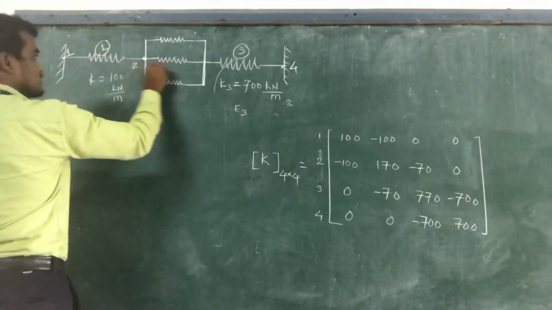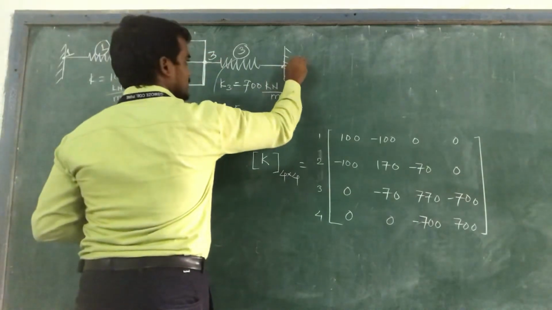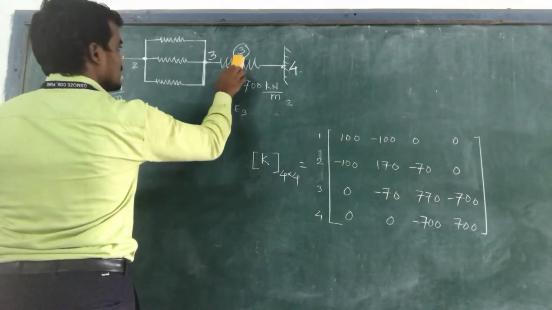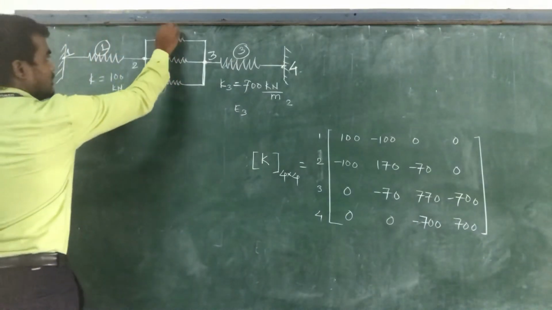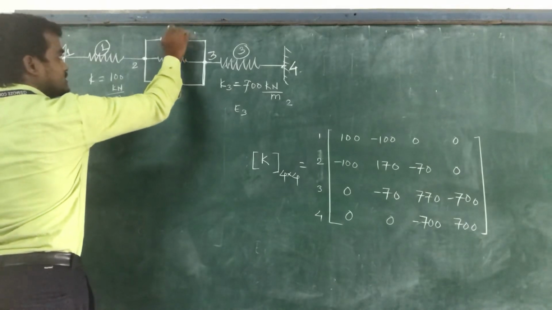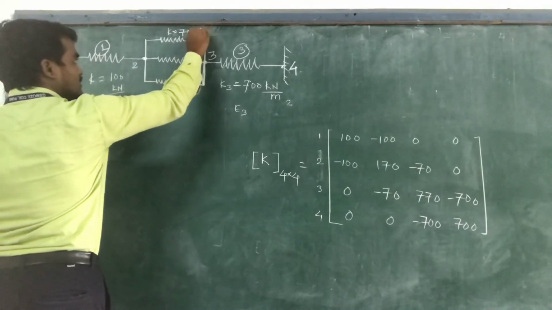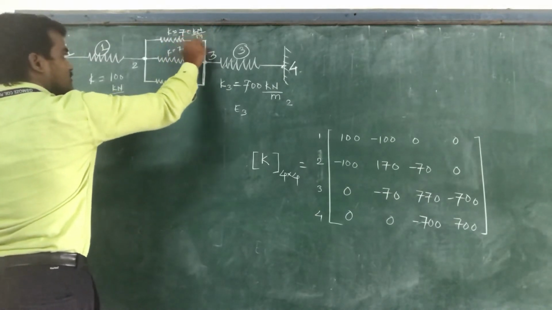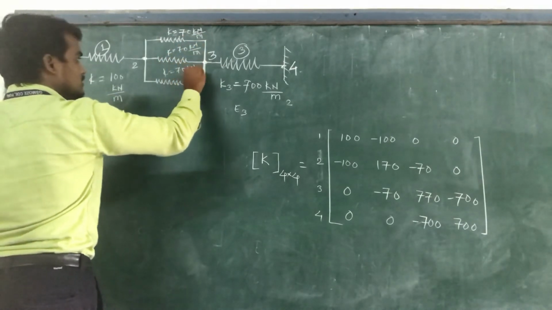This is the first node, second node, third node and fourth node. And the values of K for this spring system are equal to 70 kilonewton per meter. This is also 70 kilonewton per meter. This is also 70 kilonewton per meter.